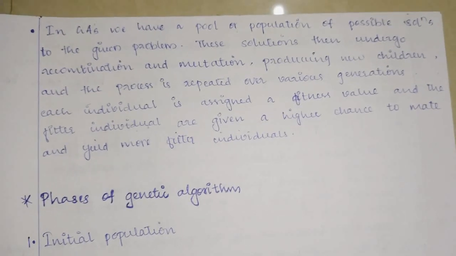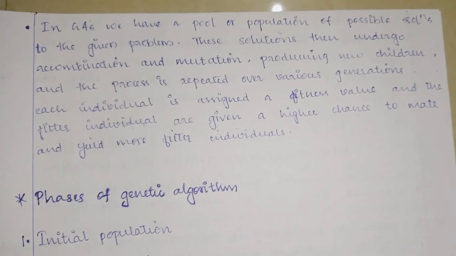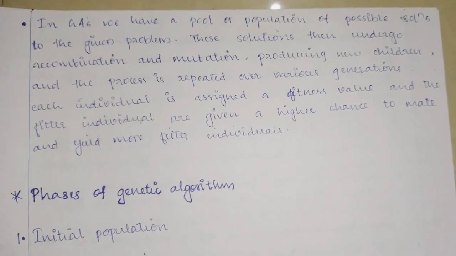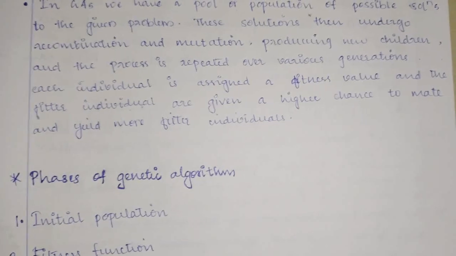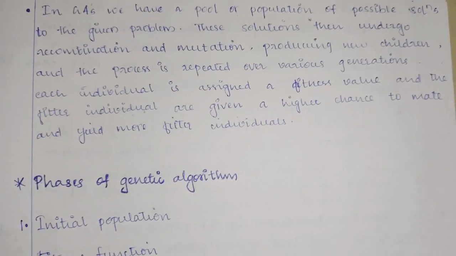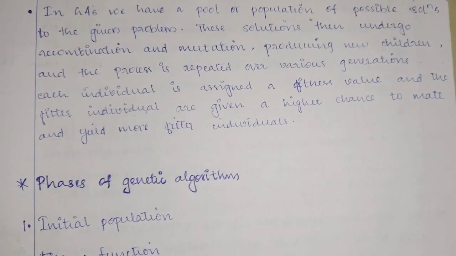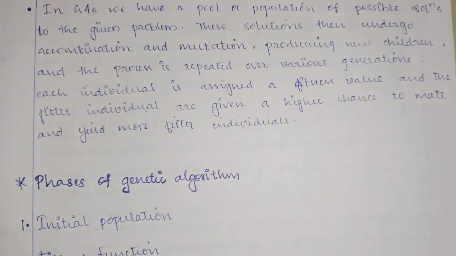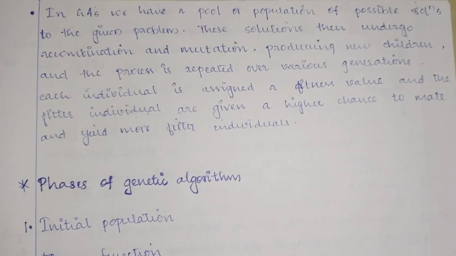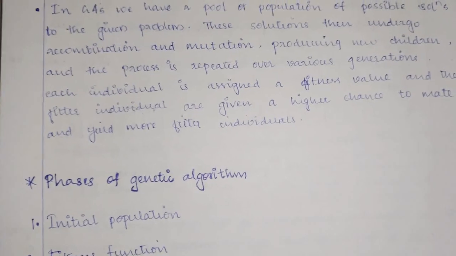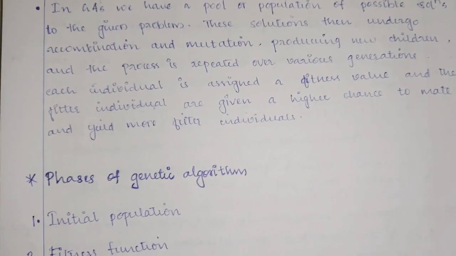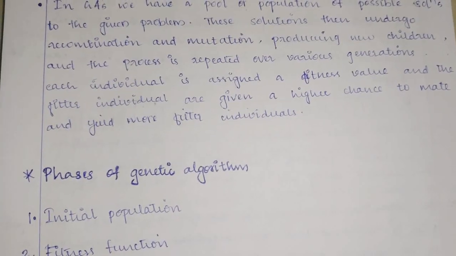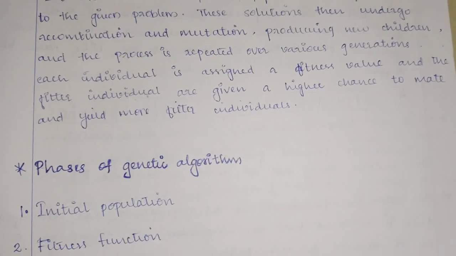Individuals having a better fitness score are given more chance to reproduce than others. This resembles the Darwinian theory of survival of the fittest. In this way, we keep repeating this method over generations till we reach a stopping criterion. So this is the central concept behind genetic algorithm.